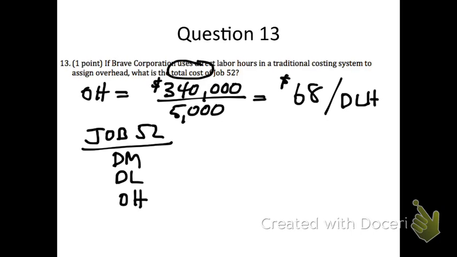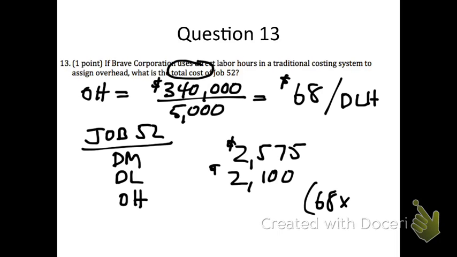Direct materials is $2,575 for job 52, direct labor is $2,100, and then overhead is going to be $68 times the number of labor hours, which for job number 52 is 75. So if I multiply 68 times 75, I get $5,100 in overhead for job 52.